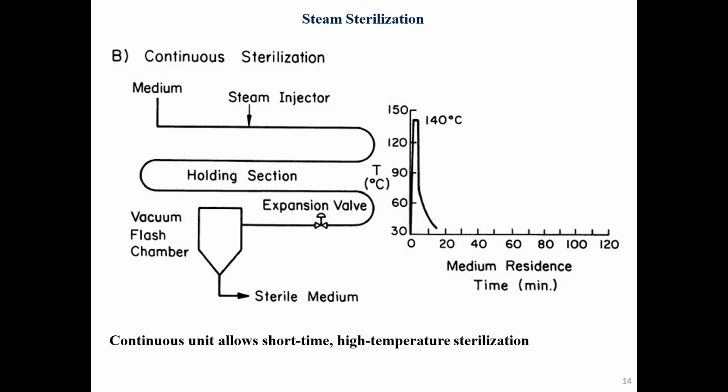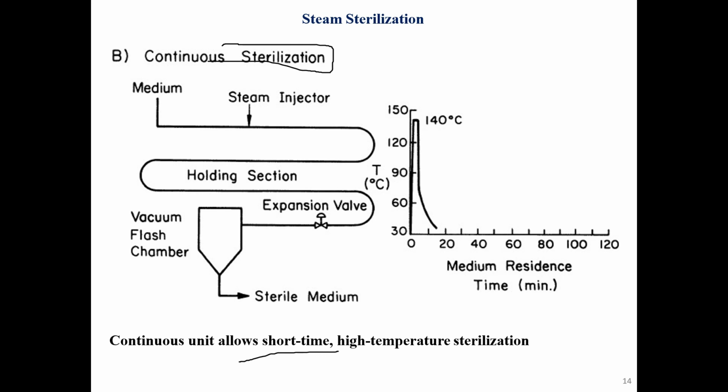So it's a long time, moderately high temperature sterilization. With this we have continuous sterilization here. Continuous sterilization is a short time process. We provide a large amount of temperature from the word go. As soon as we start the reaction, the temperature is already set to a high temperature, so whenever we put the cells into that, they get immediately sterilized and it does not take much time.